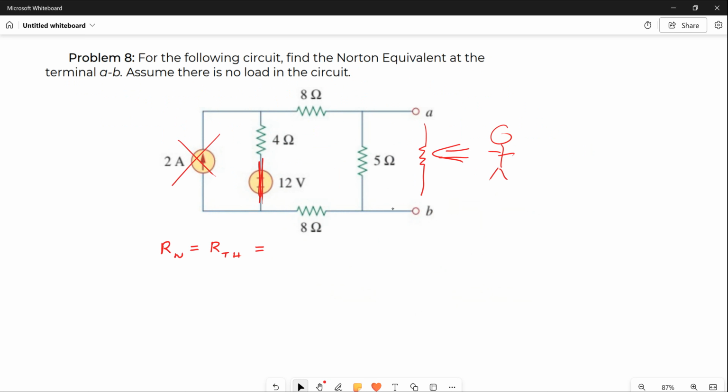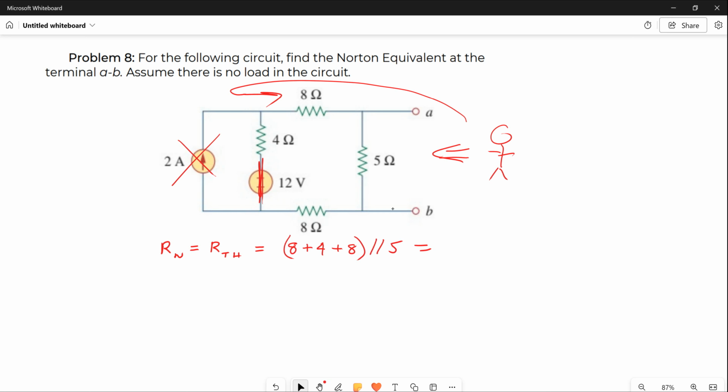And when you look in, you go the whole way to this side of the circuit and work back. And I hope you see 8 plus the 4 plus the 8 all in series, and that's in parallel with the 5.